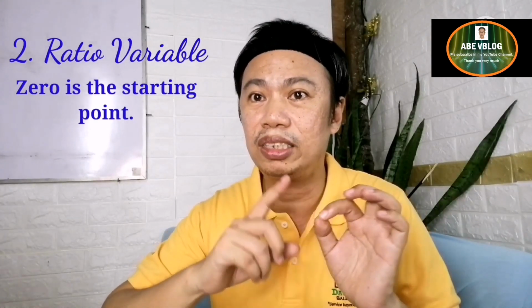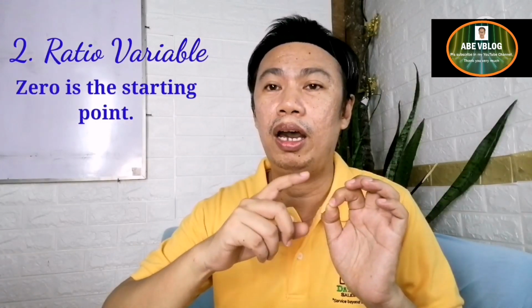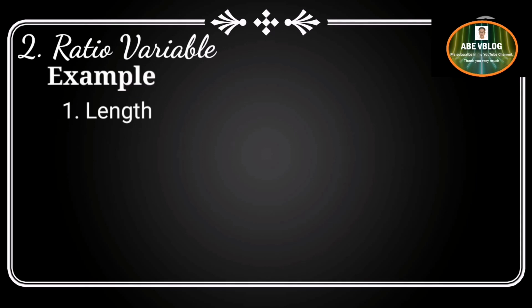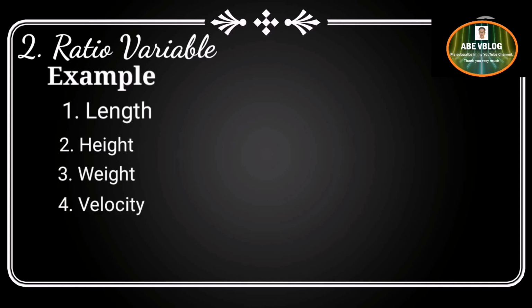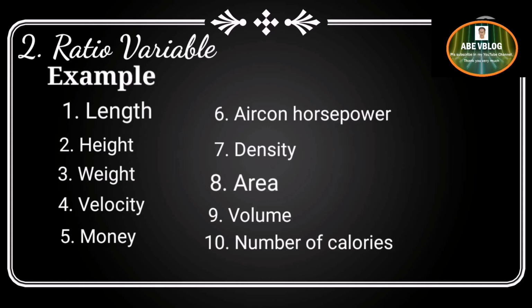So it is not only 0, but it is a specific phenomenon. Ratio examples: length, height, weight, velocity, money, aircon horsepower, density, area, volume, number of calories.